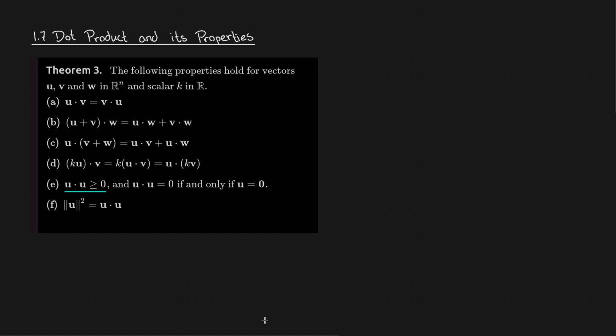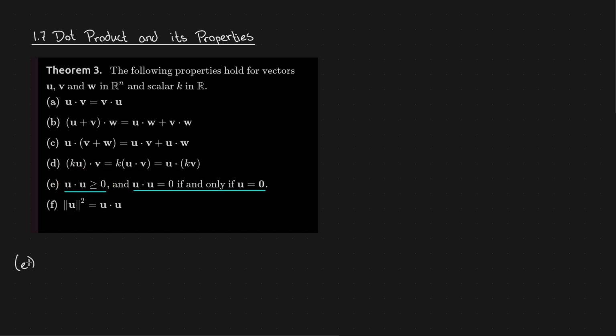We're going to need to first show this, that a dot product of a vector with itself is greater than or equal to 0, and then separately show this, that the dot product of a vector with itself is 0 if and only if the vector is 0. Okay, so let's start with this one.